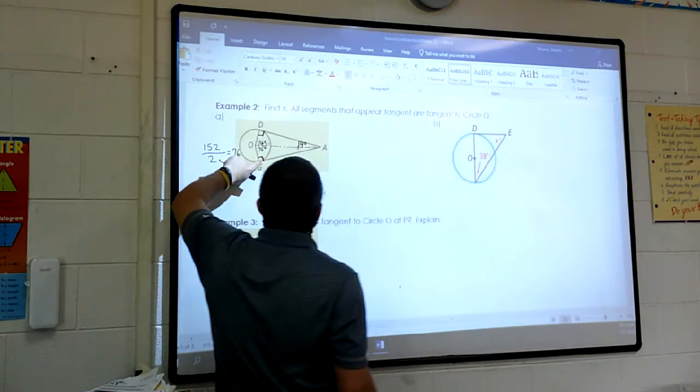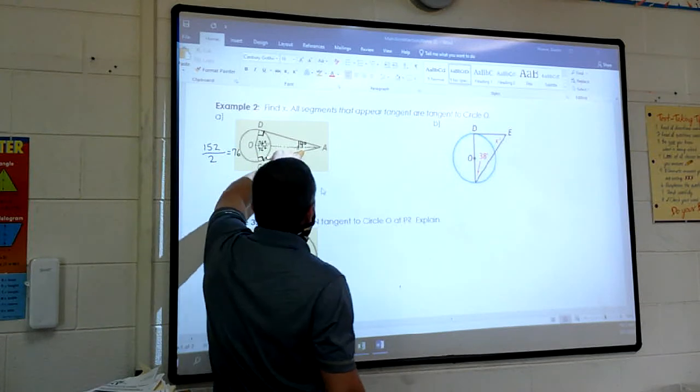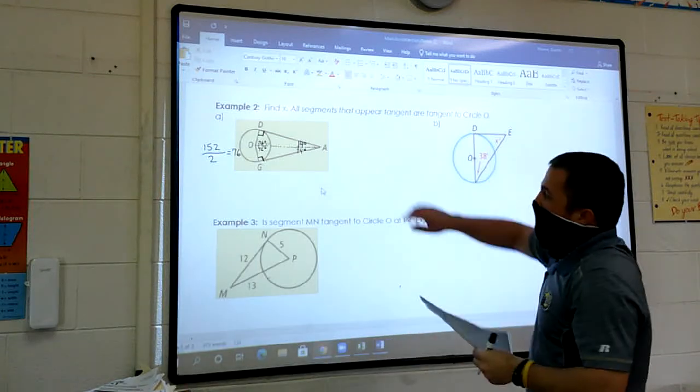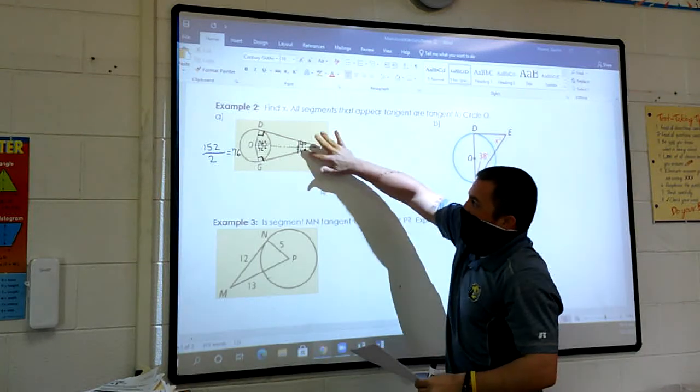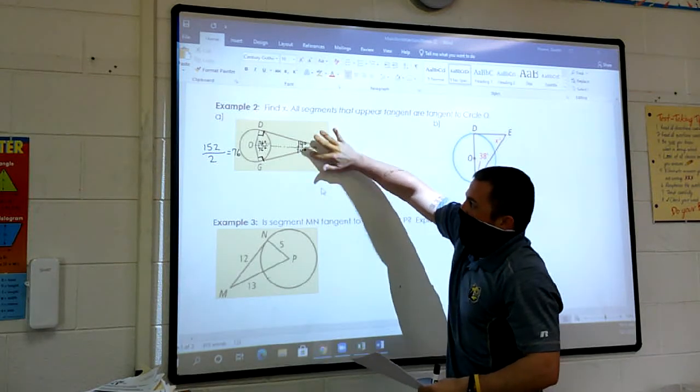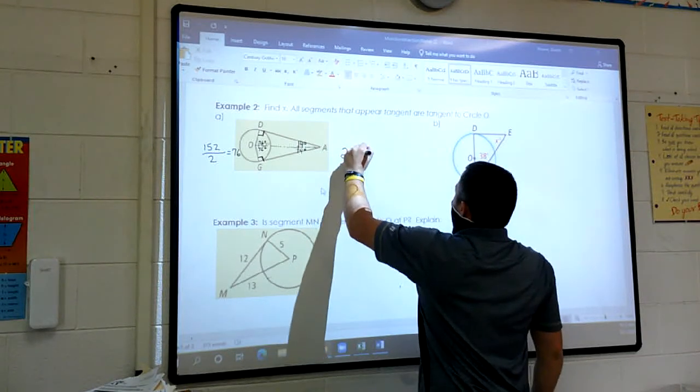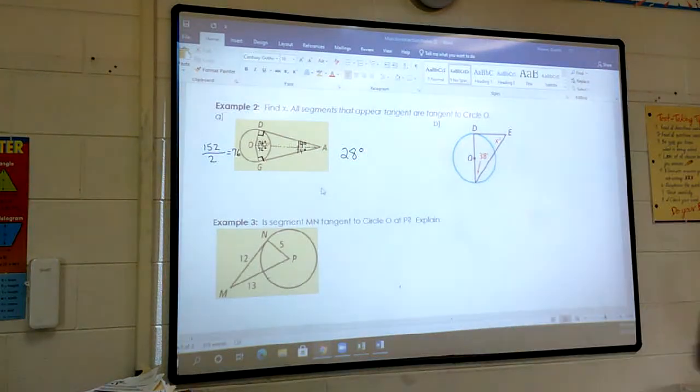So what is the measure of this angle here, down here? It's 28 degrees. Okay. A little tricky there, a little bit of work to do, but not too much.